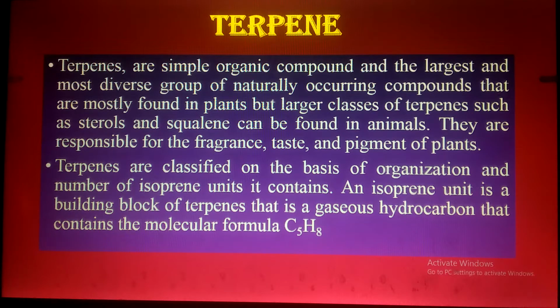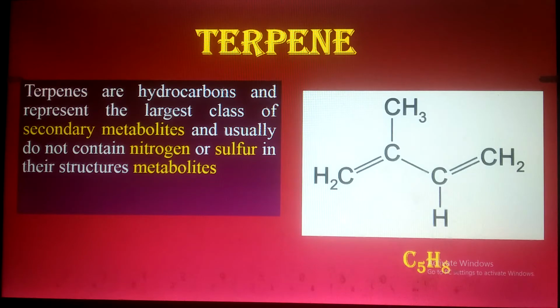Similarly, the amino acids are the building blocks of protein. So just like that, the isoprene unit is the building block of a terpene. That is a gaseous hydrocarbon that contains the molecular formula C5H8. I will show you the molecular diagram. Okay, this is the molecular structure of the isoprene.